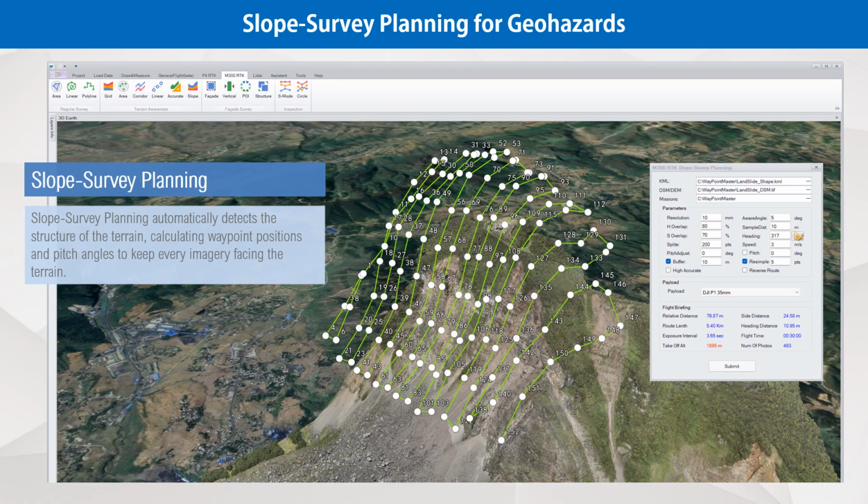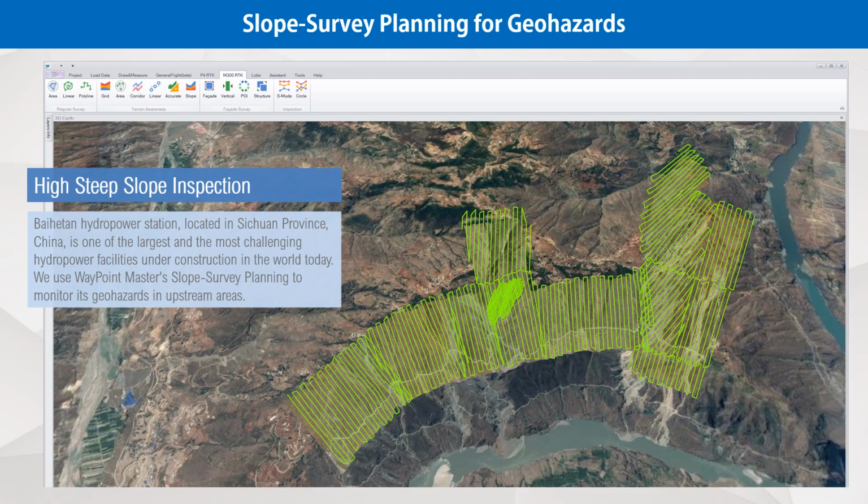Slope surveying planning automatically detects the structure of the terrain, calculates waypoint positions and pitch angles to keep the camera facing the terrain all the time, guaranteeing stable overlap range and consistent resolution, which is very beneficial for error triangulation and reconstruction. Let me show you a real case.